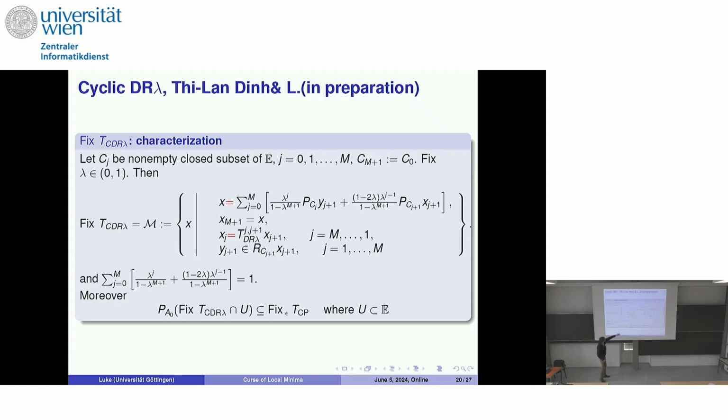What this tells us is that if you run the cyclic Douglas-Rachford algorithm to a fixed point, say, and look at the shadow of those fixed points constrained to some neighborhood, you're within an epsilon ball of the fixed points of the cyclic projection operator. So what the physicists have been doing for decades makes a lot of sense, because this is a bit more interpretable.